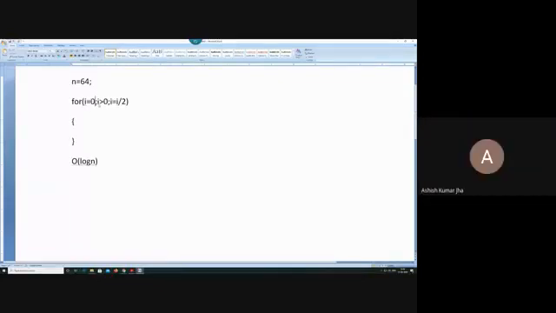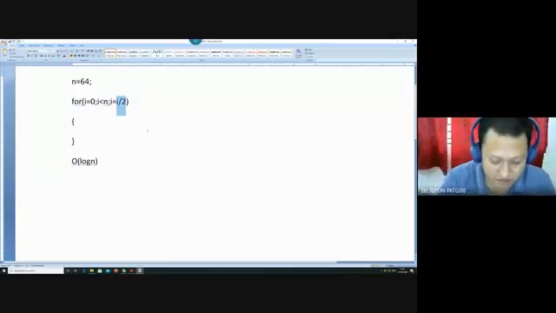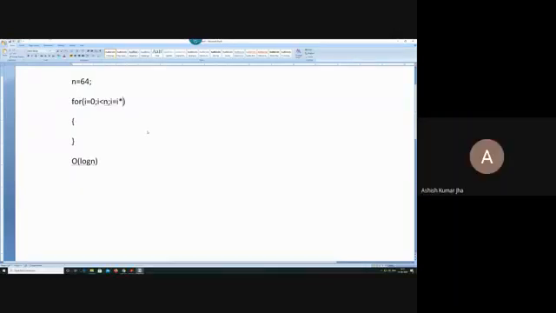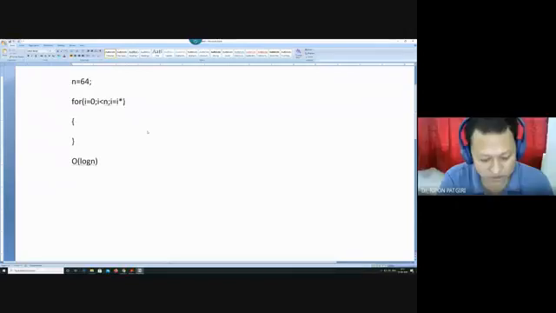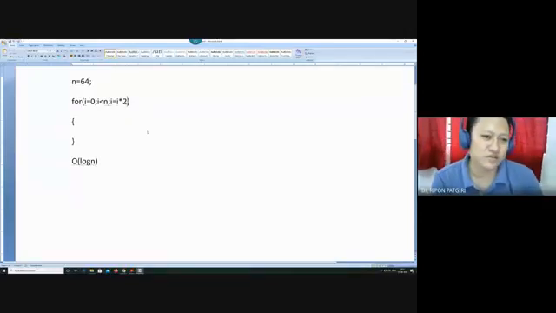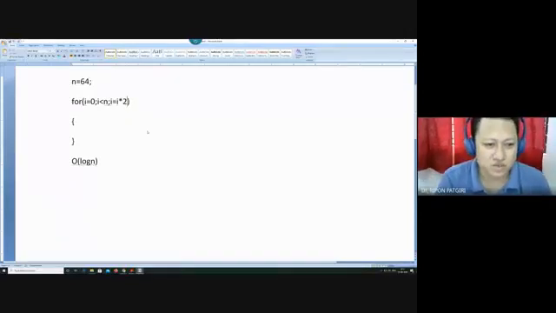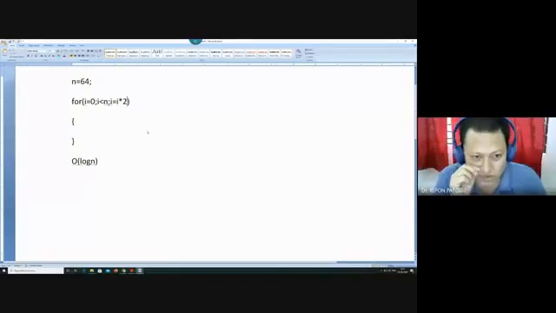Here we are dividing by 2, so it is log n base 2. If we do i by 3 or i by 4, the base will also change. Yes, that's true. So the base is not fixed, but commonly in computer science we take base 2.